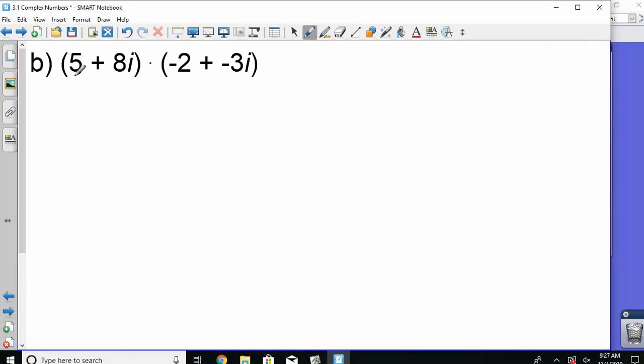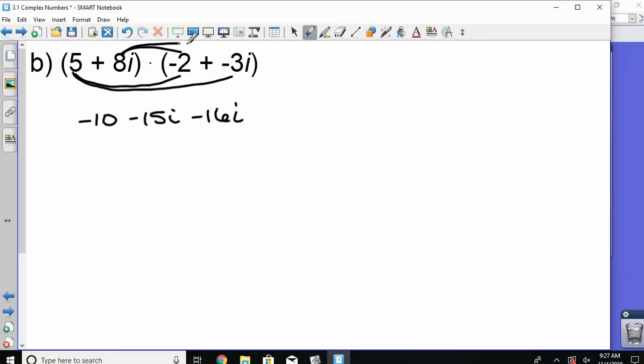So on this one, FOIL, so we get negative 10 minus 15i minus 16i minus 24i squared.